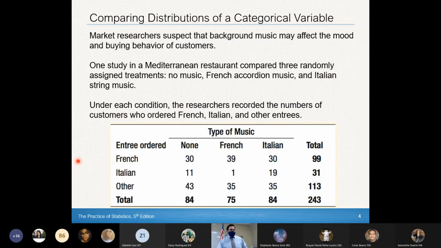And we have these observed data points here. When there's no music, we had 30 people order French, 11 Italian, 43 other. With the French accordion, we got 39 French, 1 Italian, and 35 other. And with the Italian string music, we had 30, 19, and 35. All right. So we have all of our observed data here.